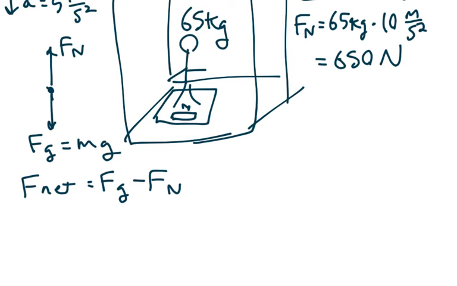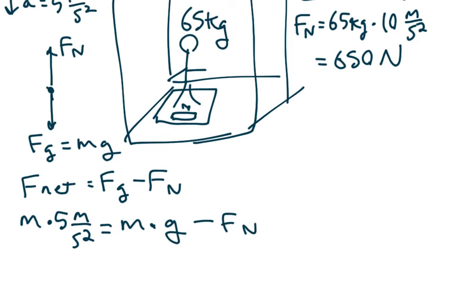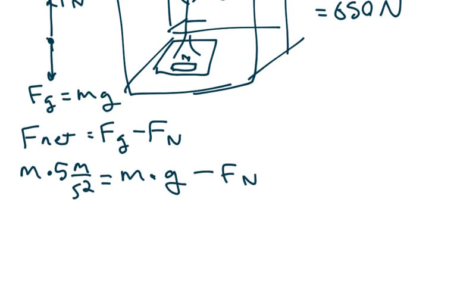So the net force is going to be the mass of the person times 5 meters per second squared, and that's going to equal the mass of the person times gravitational acceleration minus the normal force. I want to make the normal force positive, so I'm going to add the normal force to both sides and subtract the other side.